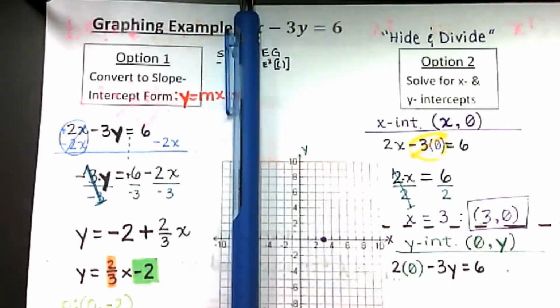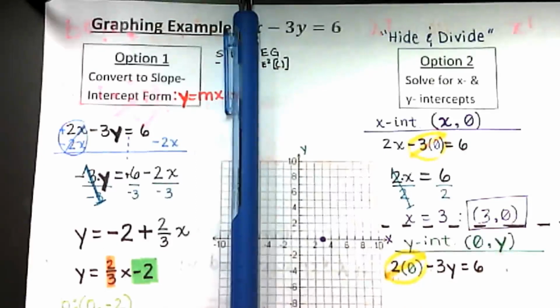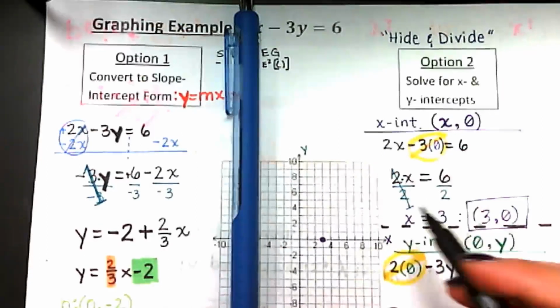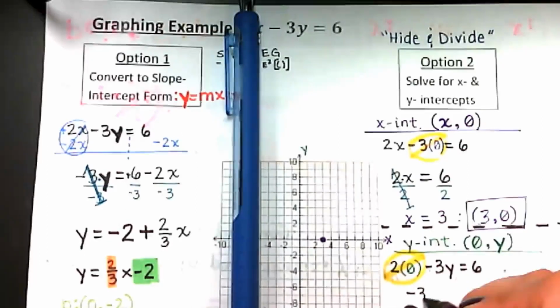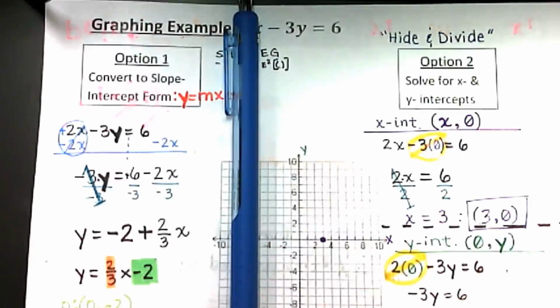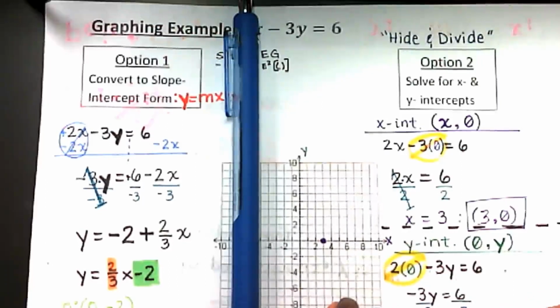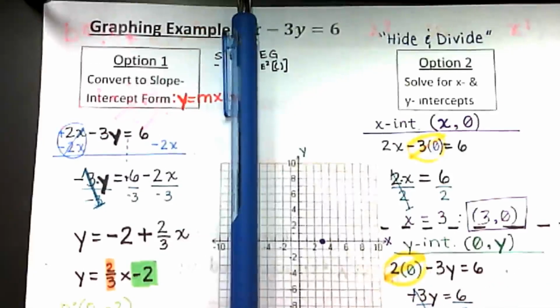So I hide and divide. Oh, I love this because just as before, that eliminates, left with negative 3y is equal to 6. Last step, divide by the coefficient.